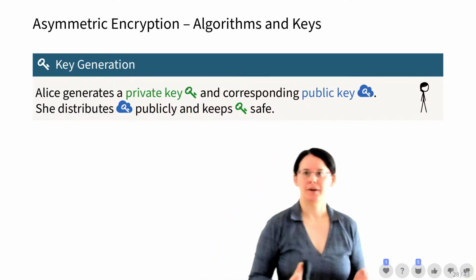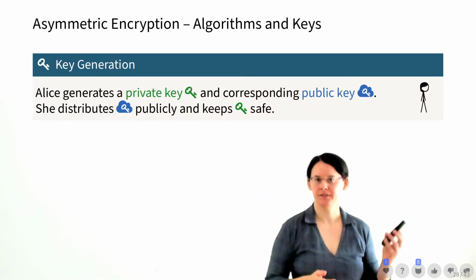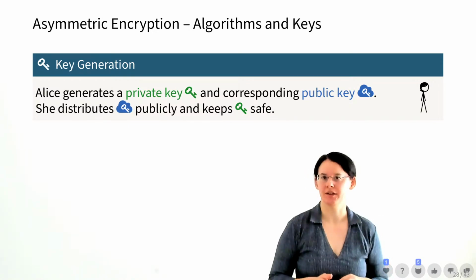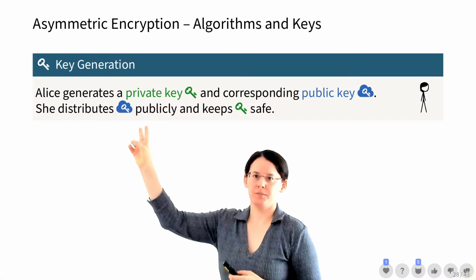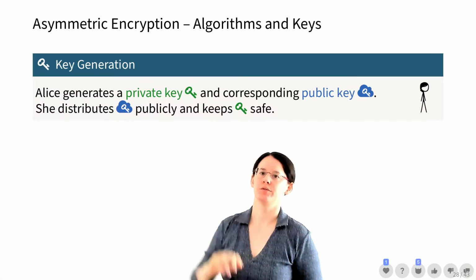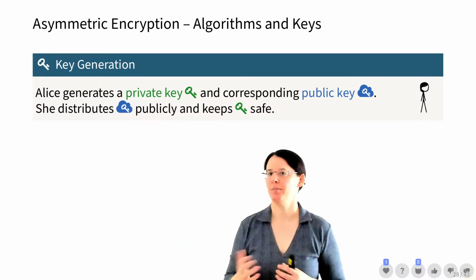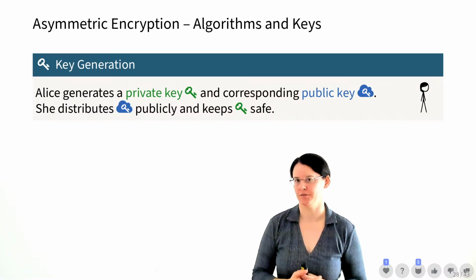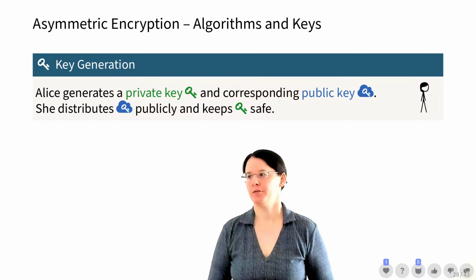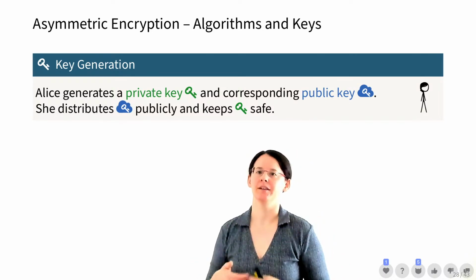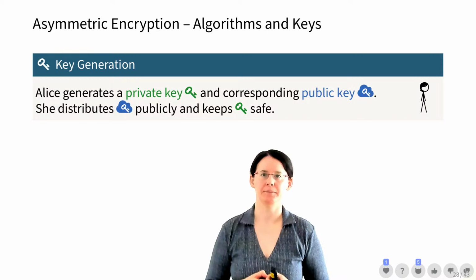This is done by the owner of the key pair. This owner is Alice in our example. So she has these two keys. One of them she can distribute publicly. So for example, she might upload it to a key pool in the case of the PGP email system. Or she might, for example, put it into a certificate and publish the certificate on the website.